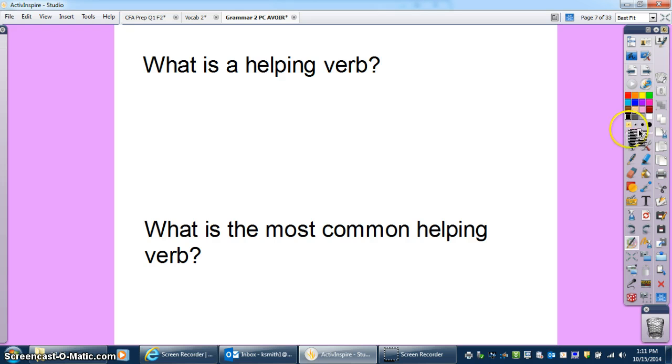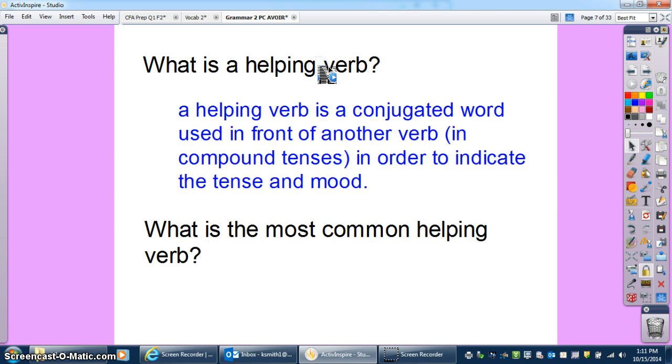So what is a helping verb? A helping verb is a verb that is conjugated and used in front of another verb in order to show the tense and mood. You'll see what this looks like in a minute. The most common helping verb is avoir.